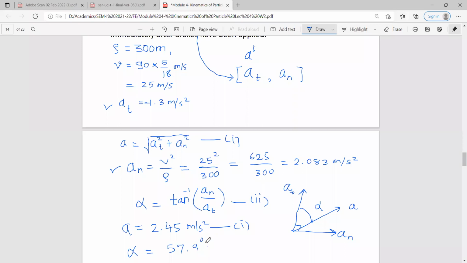Yes, 58.03 is the answer which is given in the book. It will vary depending on your calculation accuracy. 2.45 is very close, and 57.9 is also close, no problem.